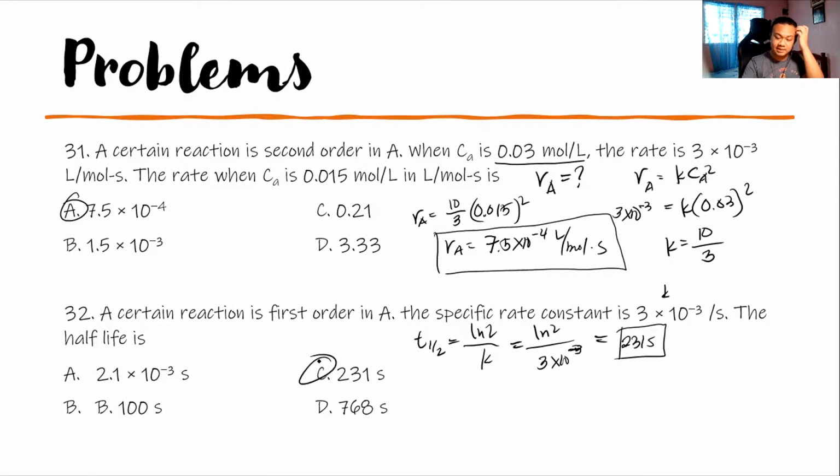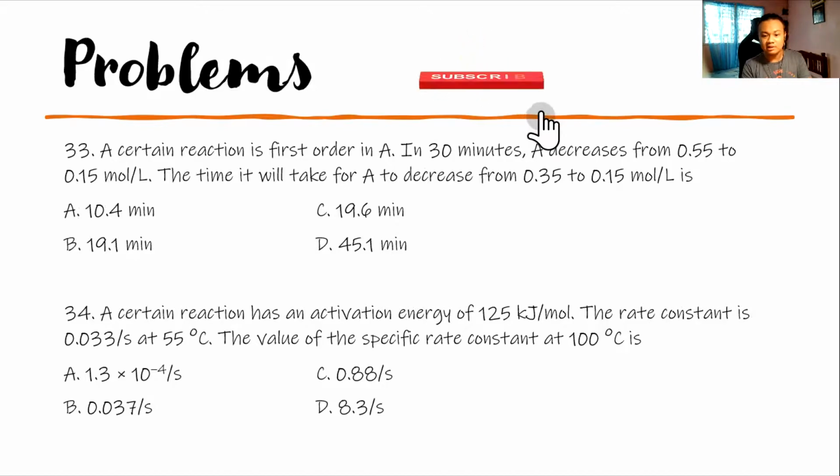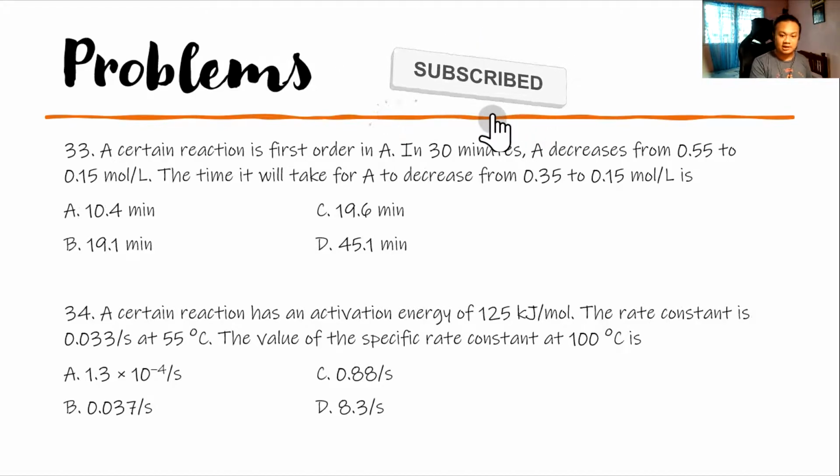Okay, really easy. So number 33. Let's see if we have a solution here. A certain reaction is first order in A, and in 30 minutes A decreases from 0.55 to 0.15. The time it takes for A to decrease from 0.35 to 0.15 mole per liter is, and we are given the choices.